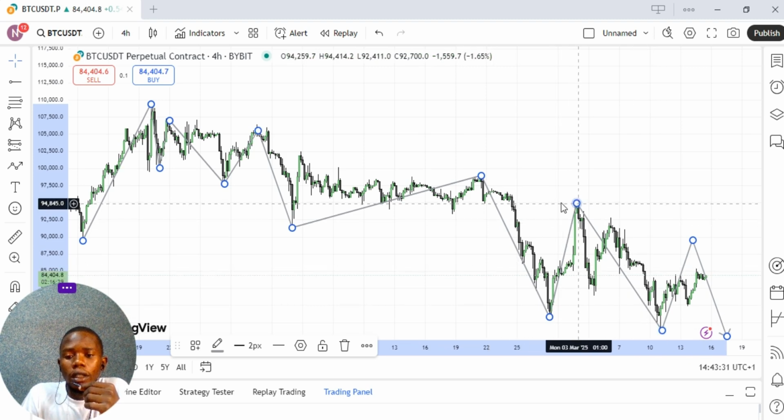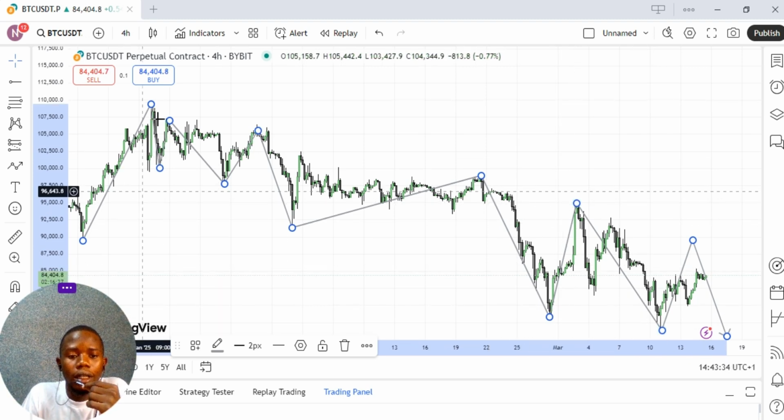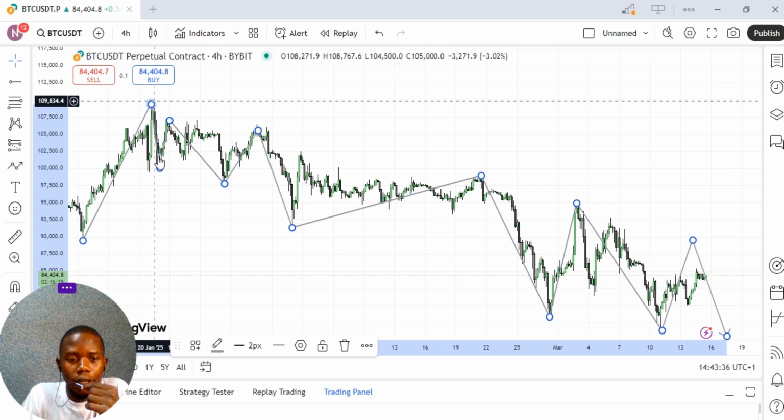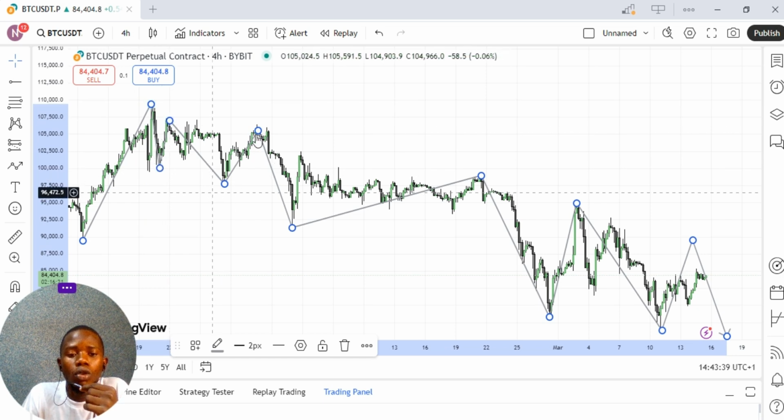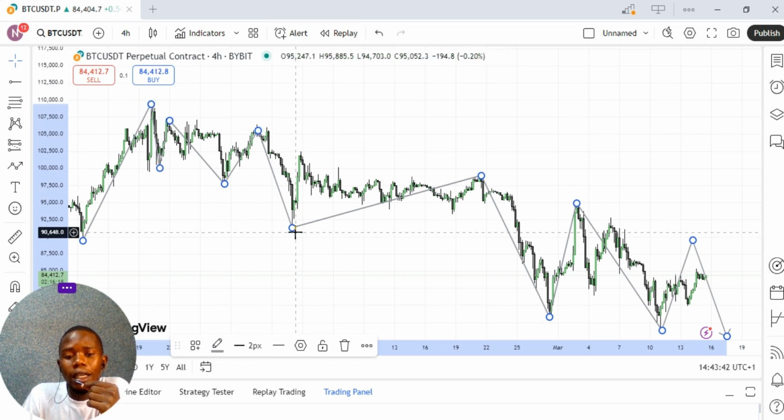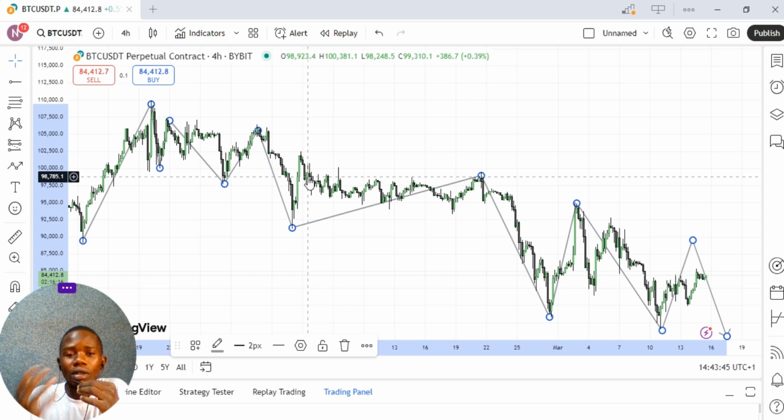So now we understand that there's a lower high here, a lower low, a lower high, a lower low, a lower high, a lower low. That is market structure. There's nothing really hard in trying to understand market structure. Once you look at your charts, the first thing you see is the trend of the market, whether the market is in uptrend, downtrend, consolidation, or choppy.